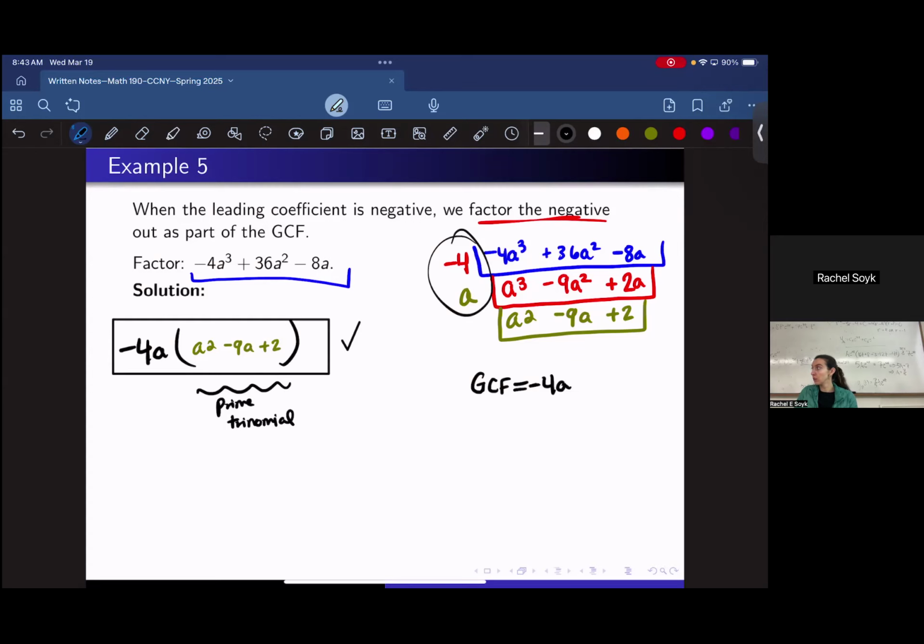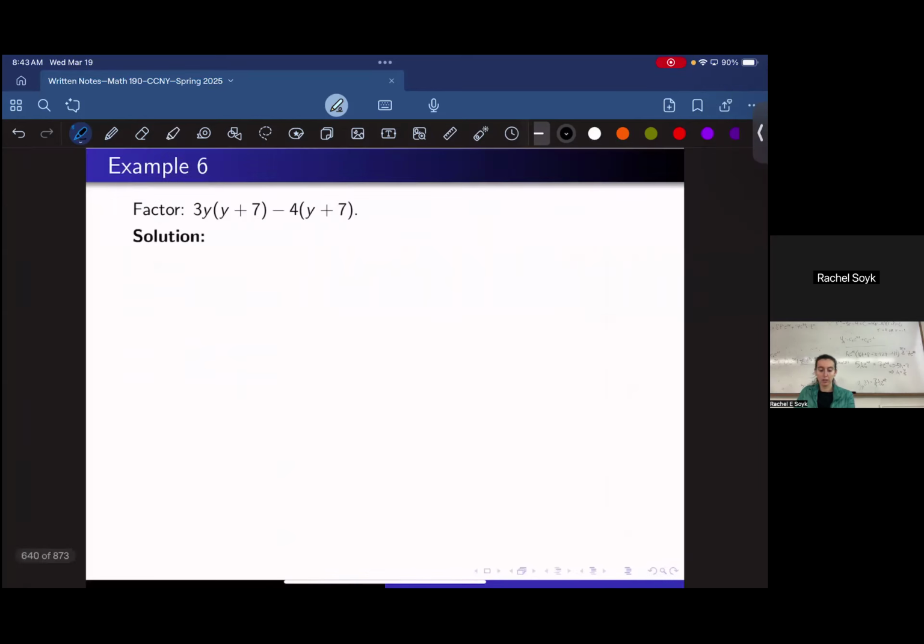We're going to move on to our example 6. This one's a fun one, right? Because remember, greatest common factor. What's something that they both share? Does anyone see it?